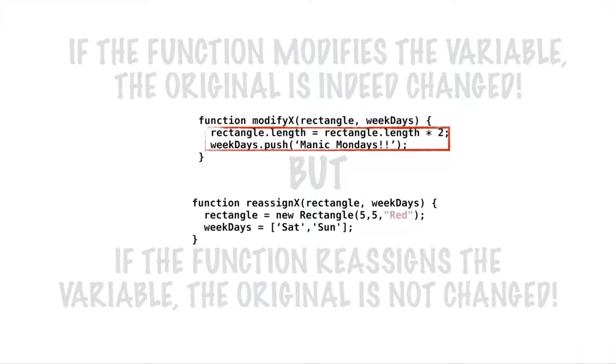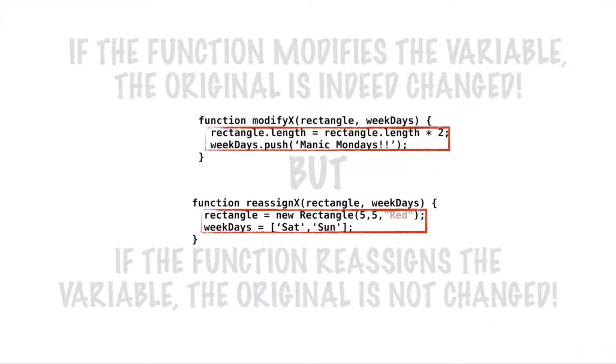Here is the code in the body of modify x. It's updating a property of rectangle and adding something to weekdays. Here is the code in the body of reassign x. It's reassigning rectangle to a new object, a new rectangle, and reassigning weekdays to a new array. Let's see what happens when we run this code.